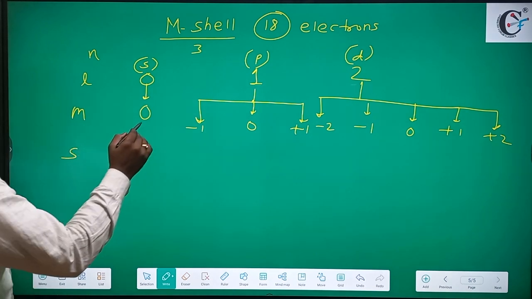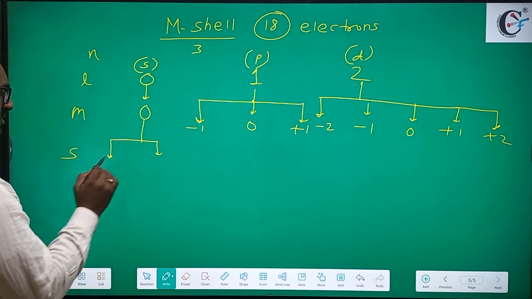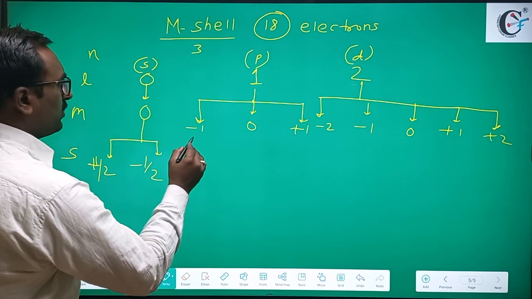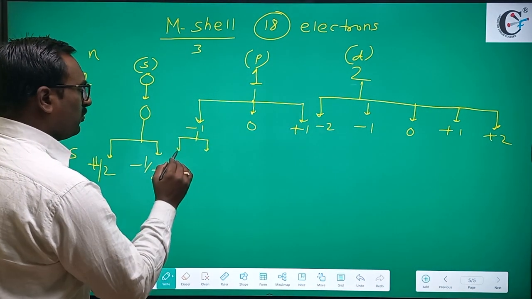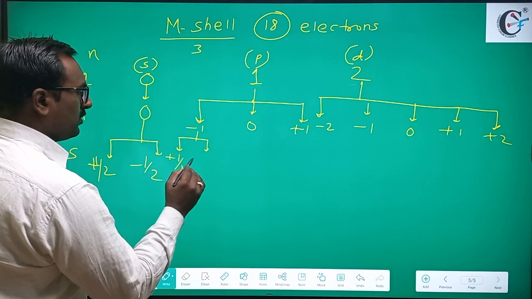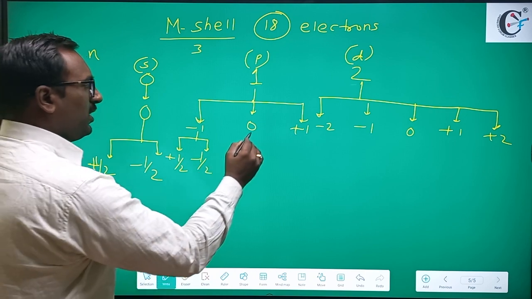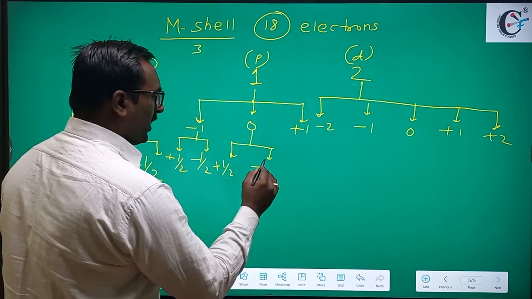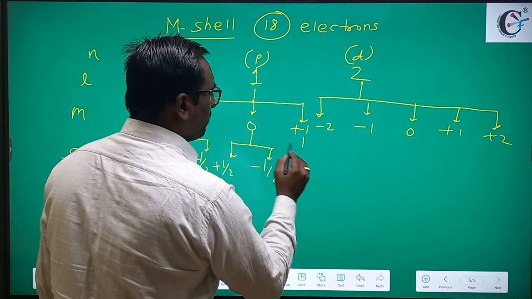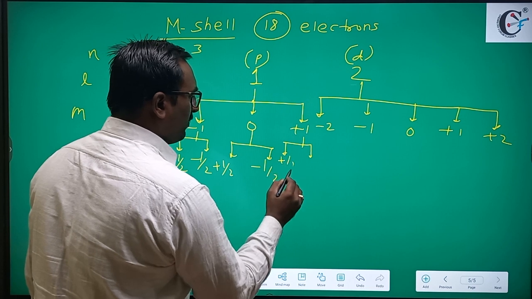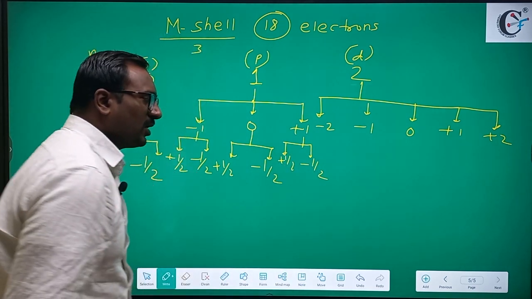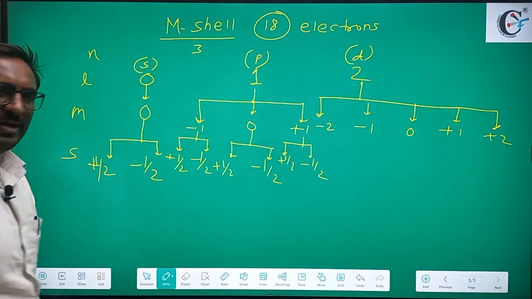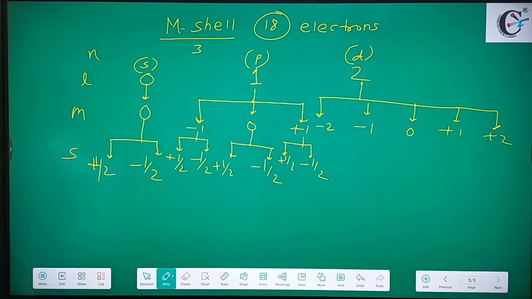Then for the spin quantum number, we have 2 electrons with plus half and minus half. Again, each orientation carries 2 electrons, plus half, minus half. So in this way, how many electrons are there?